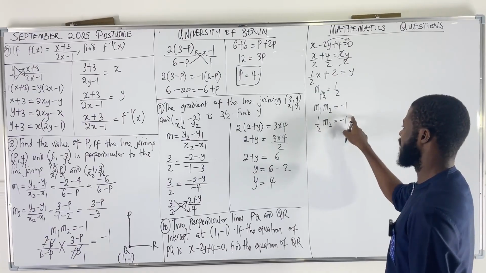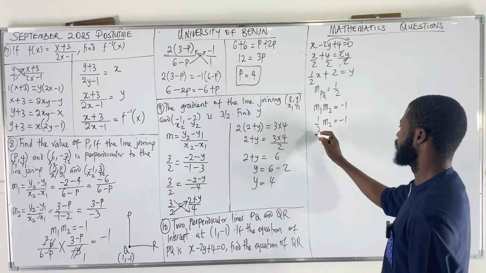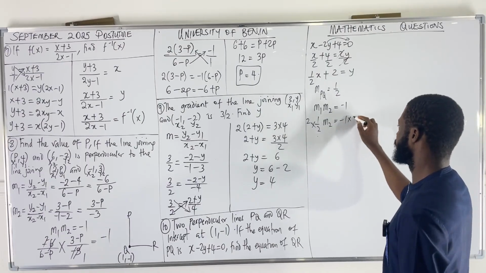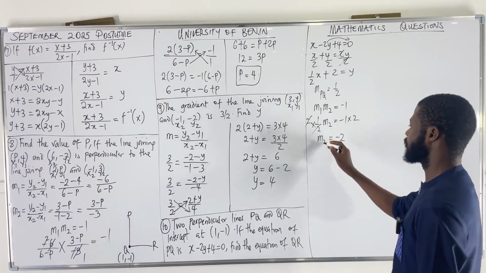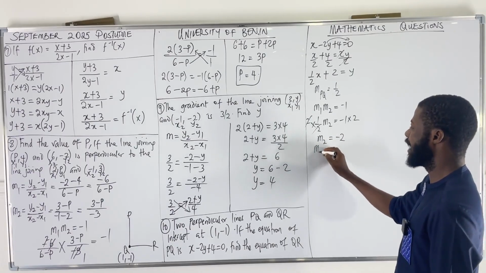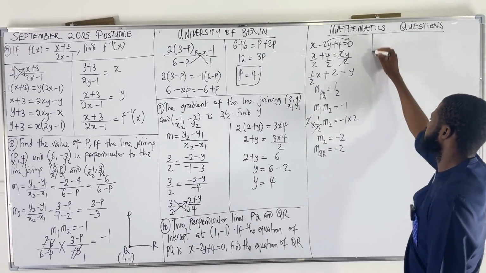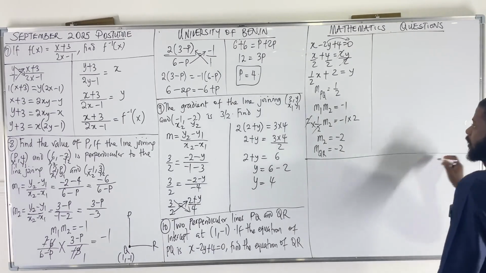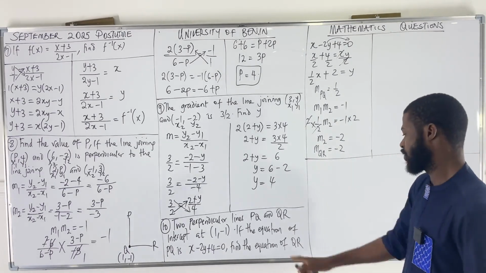I could multiply both sides by 2 because this is 1 over 2. So if I times both sides by 2, the 2 cancels out. So M2 is equal to minus 2. So this very M2 here is now MQR. This is now the gradient of QR. So now we can find the equation of QR.